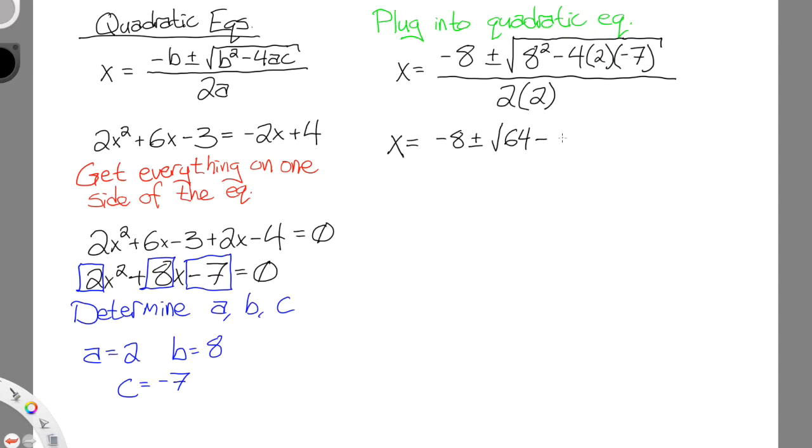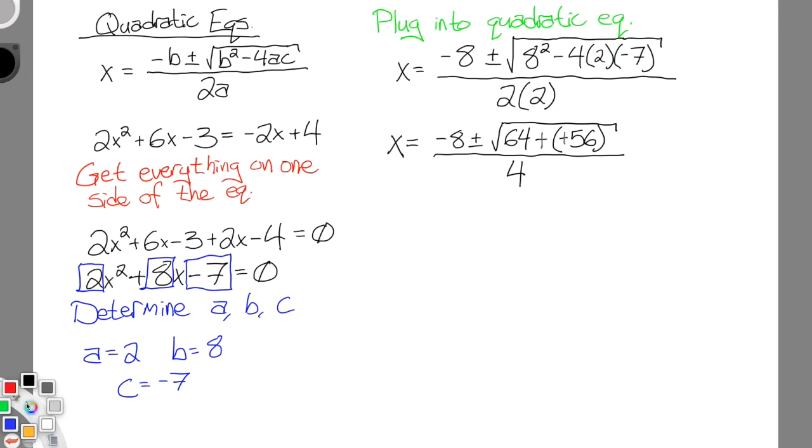But we've got that negative in there, so that's minus negative 56. And hopefully you remember that minus a negative is the same thing as plus a positive. I tried to do that in a slightly different color so you guys can see that. All over 2a, and a is just 2, so 2a is 4.